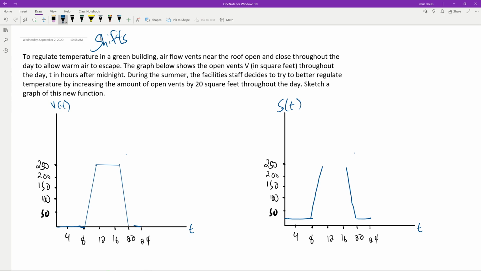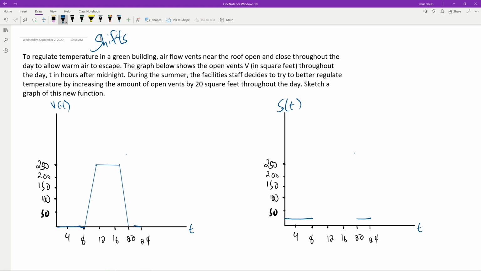I actually drew this new function a bit poorly here, but this is a good opportunity. So let's first look at V of t. We see that from midnight until 8 a.m. there are no vents open.